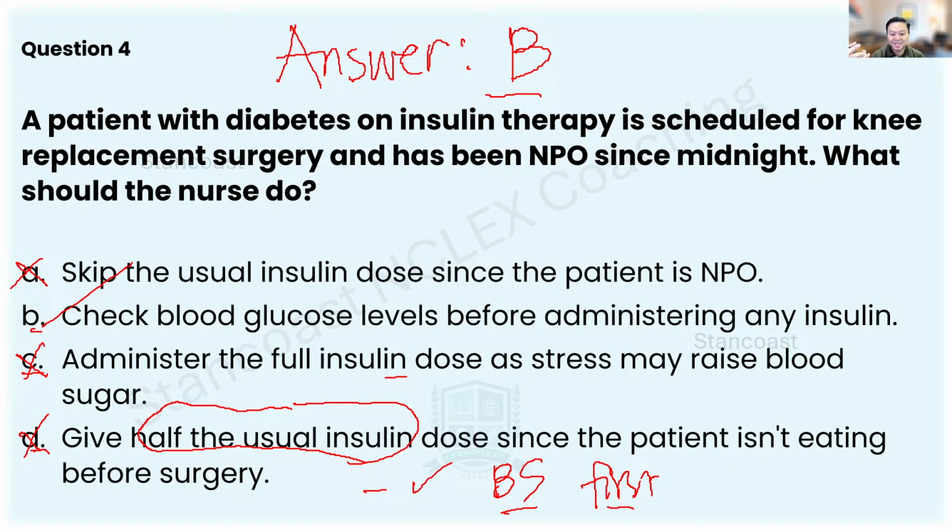This is one of the best practices, and it is ideal in all settings. Make sure that it is not just you checking the dose, but that it is checked by 2 nurses before administering.